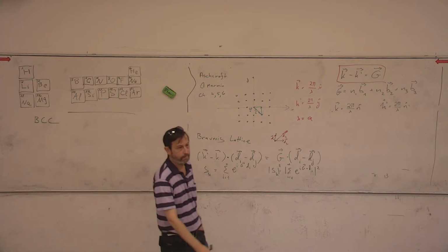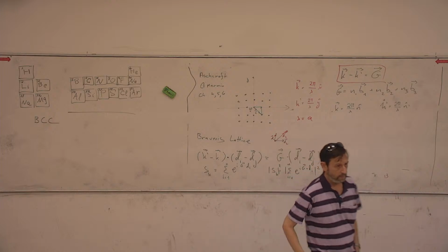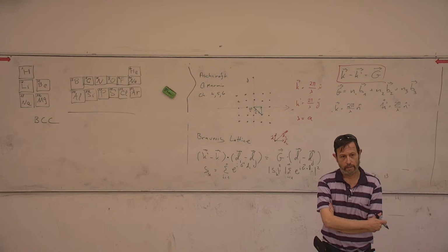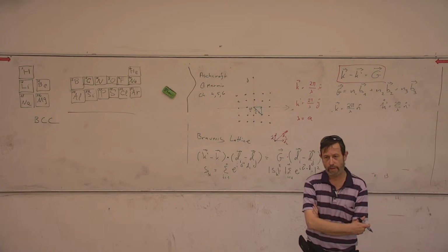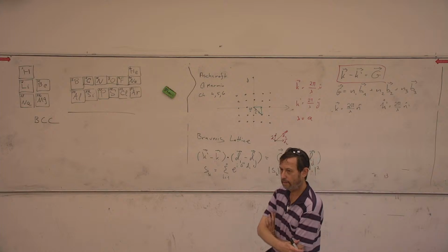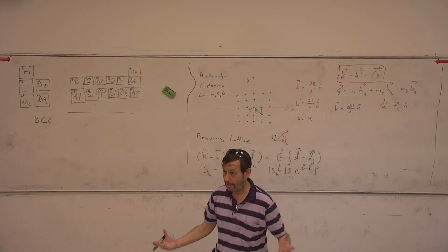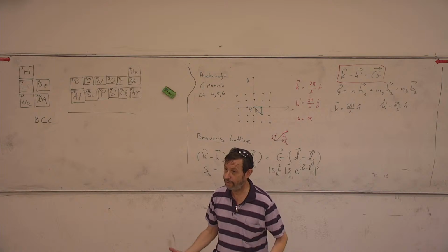BCC. Okay, but BCC is a lattice. Excuse me? BCC is a lattice, no? Right. What did I say five minutes ago?